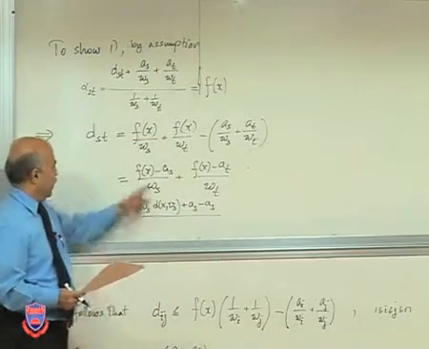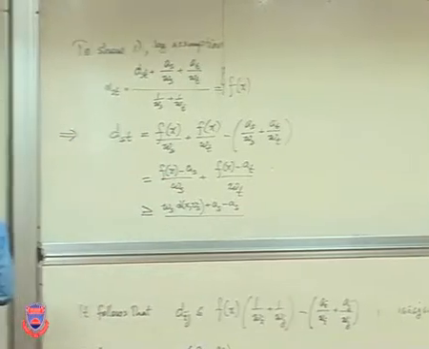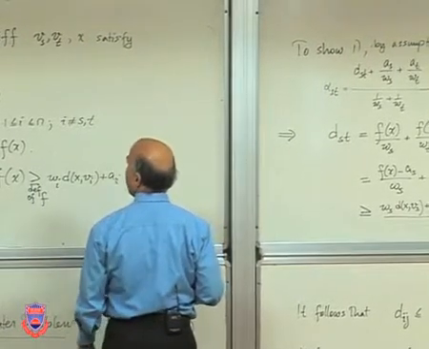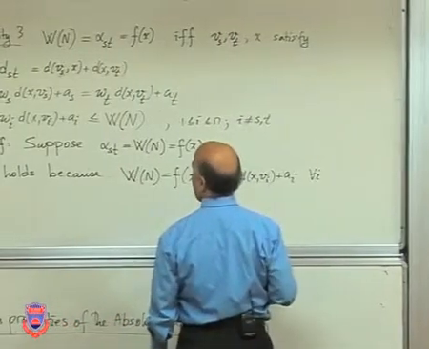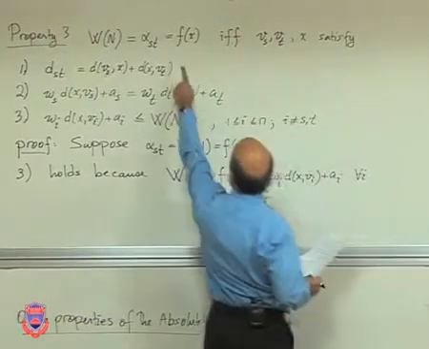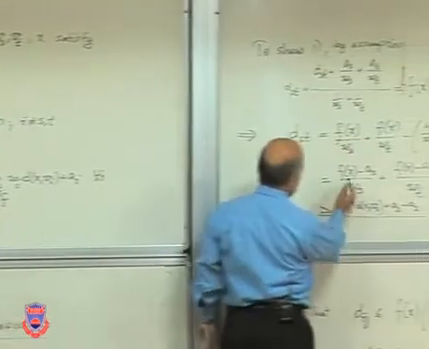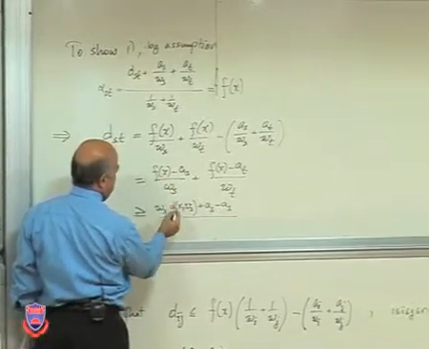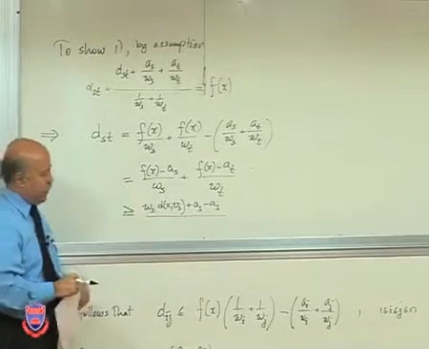You see why? Because f of x is equal to... x is the minimizer, so we can change it. f of x is greater or equal to each of the distance terms, so f of x is greater or equal to this term that I wrote down here.